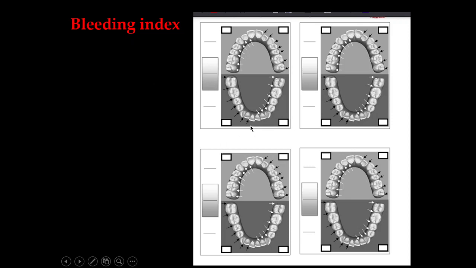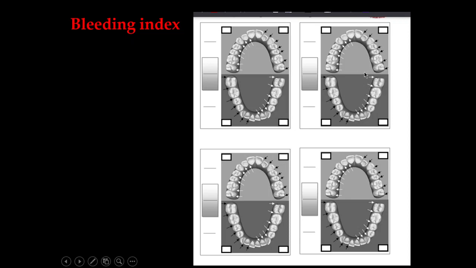at the first visit. You will do scaling and planing and give the patient a routine mouth wash. So the patient will come to you at the next visit and you will measure the papillary bleeding index as before. You will have a decrease in the papillary bleeding index because these ones will be zeros or decreased.